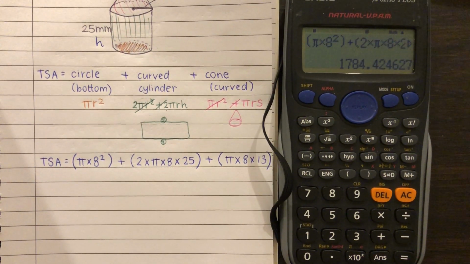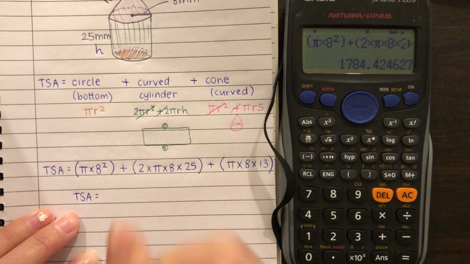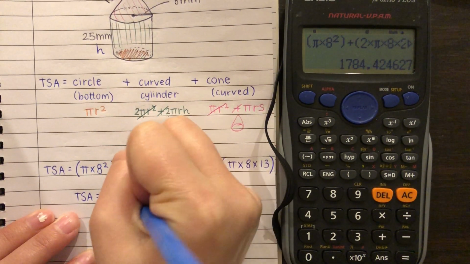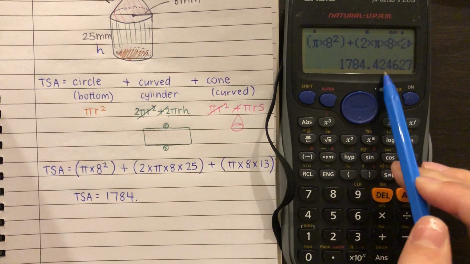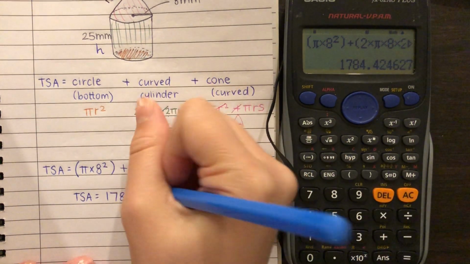We'll press equals, and we get an overall answer of 1784, and we're going to 2 decimal places unless otherwise told so, .42 millimeters squared.